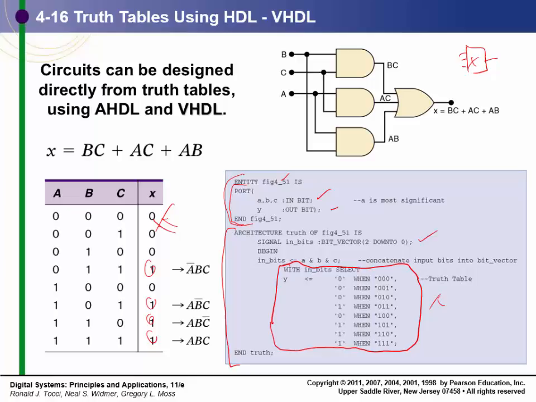So I go straight from my truth table into my VHDL code. I don't worry about AND gates, OR gates, or Karnaugh maps, or do any of that stuff. I just tell the software, design the circuit, and the software designs the circuit. I download it to the board like I did on Tuesday, and I can test it.